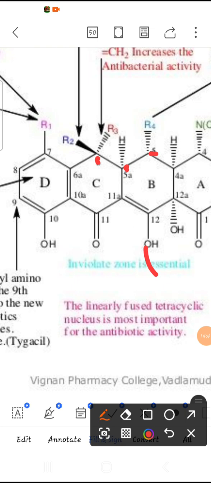Many of these tetracycline derivatives vary from each other by having these substitutions. They are important antibiotic compounds. Also, antibiotic activity was improved by varying substitutions in these places.